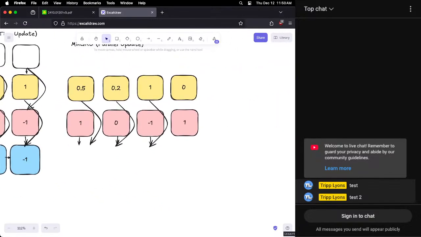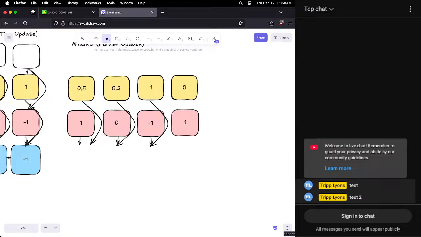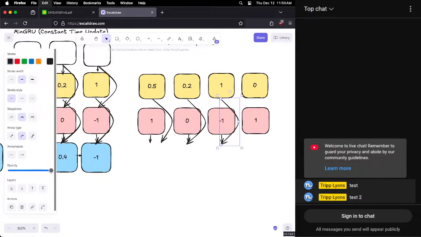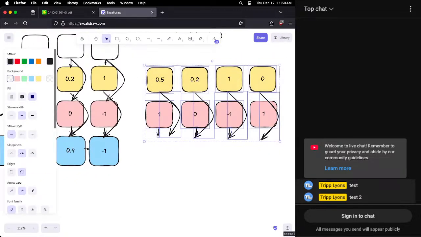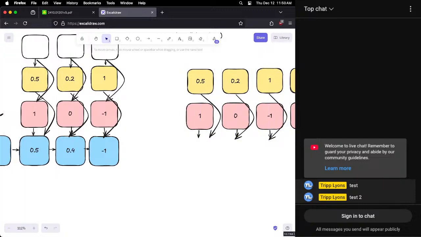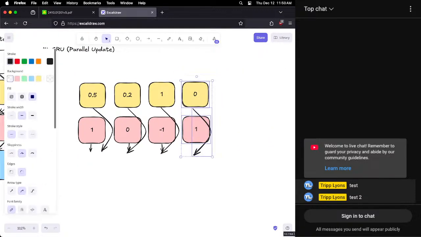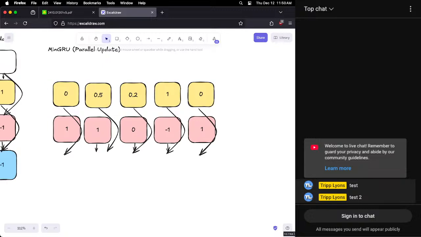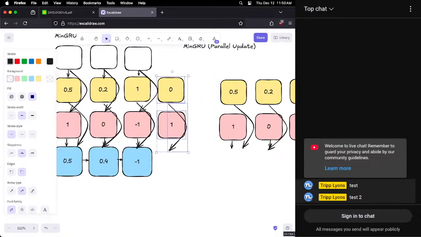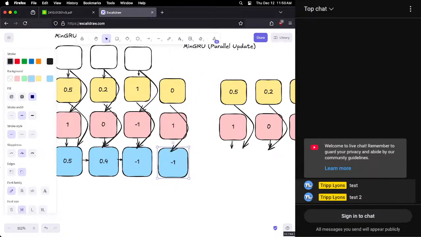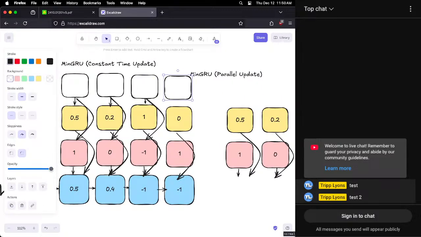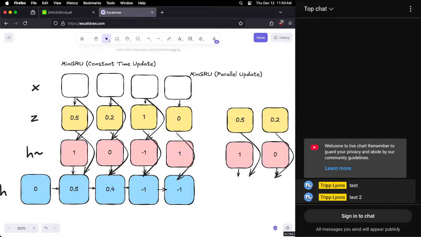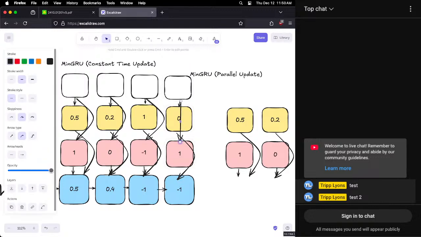It's going to be a lot of colors, I guess, if I want to mark all these. Now let's just add this over here to make it clear that this basically does nothing. Then this goes to there and here.